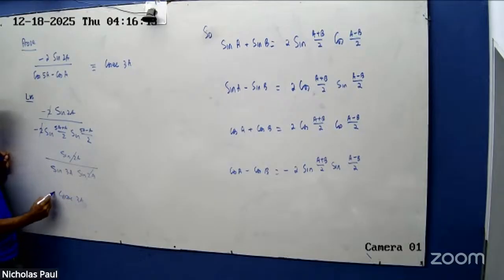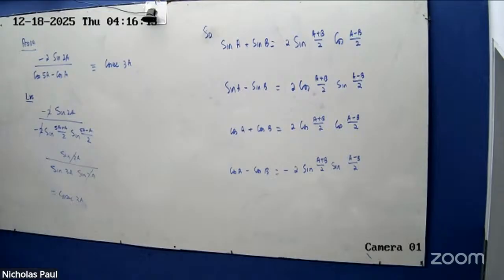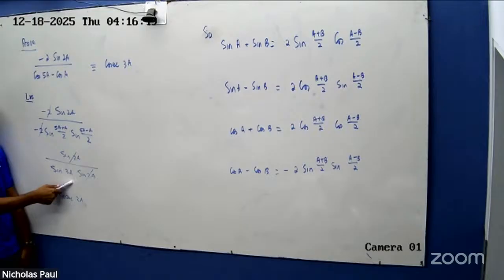Cosec. That's it. This will cancel and then you have 1 on sine 3A, which is cosec 3A.